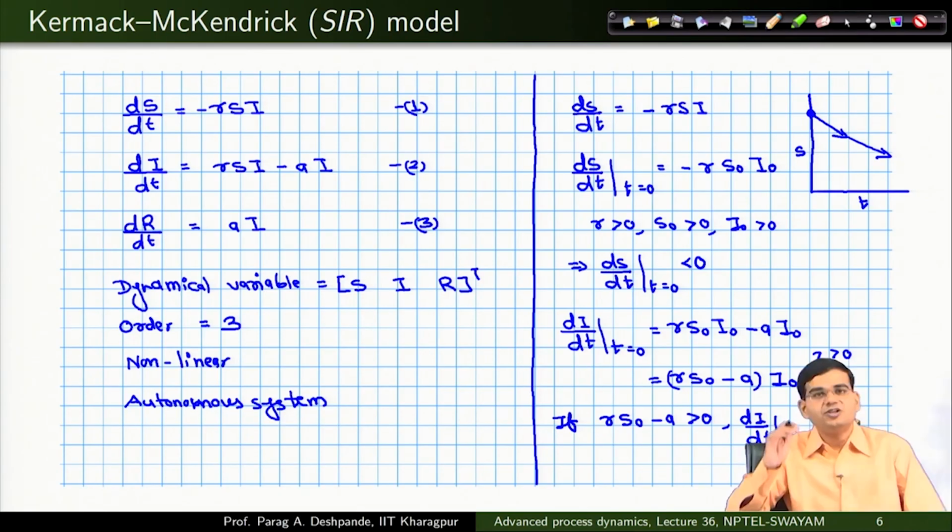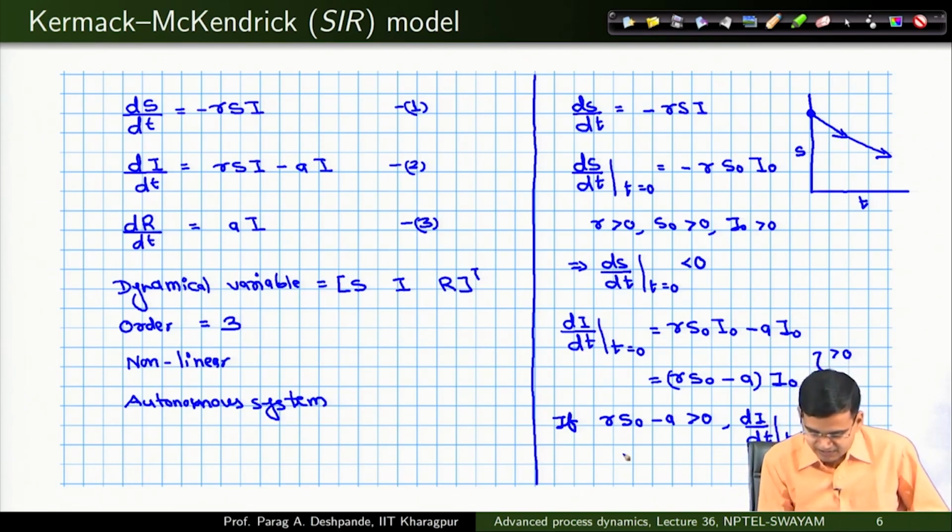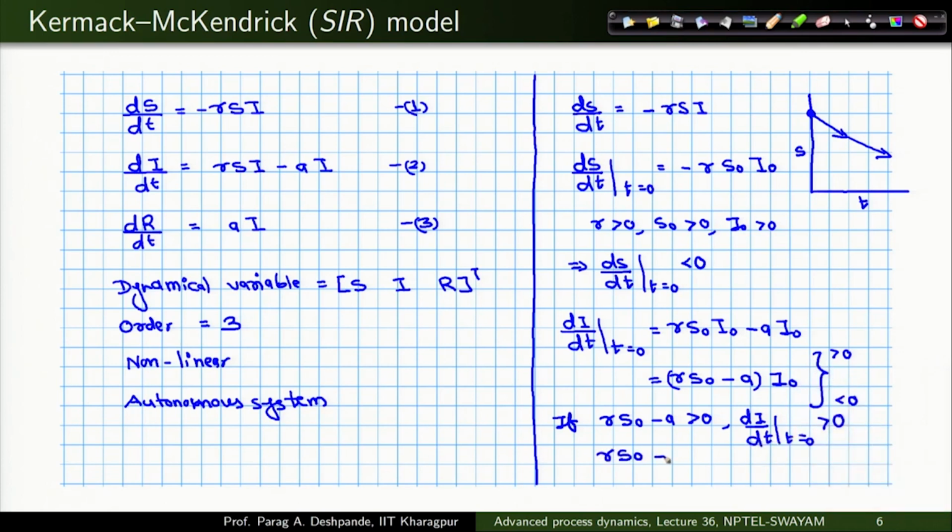The infections will not die down, they will increase with time, right. And can I quantify this further? So, I can write this as r S0 minus a must be greater than 0, or in other words r S0 divided by a must be greater than 1.